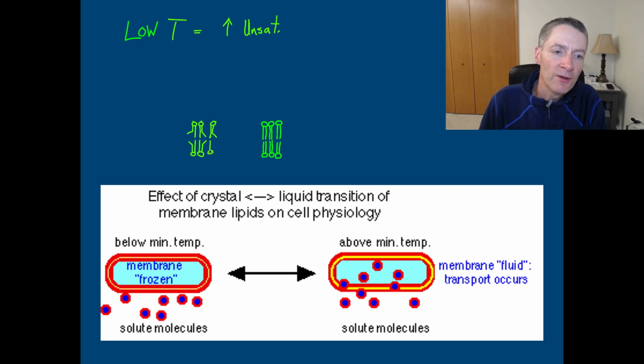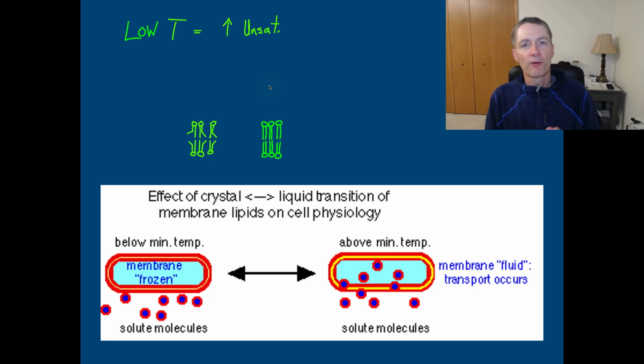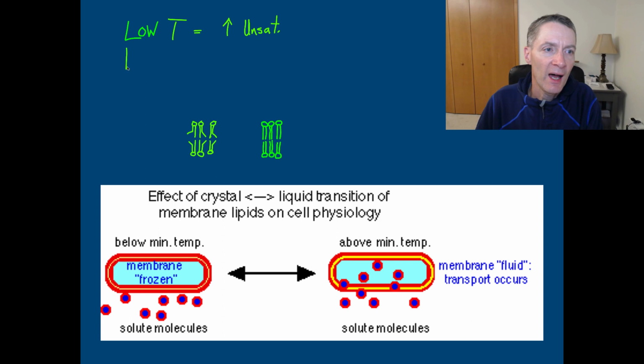Now, at higher temperatures, there would be a tendency for a lot of movement, and we don't want so much movement that the membrane would fall apart. So if we look at high temperatures, we would see more saturated fatty acids.